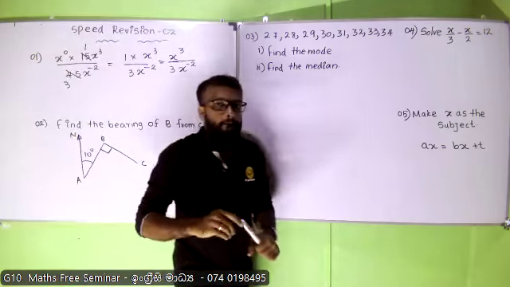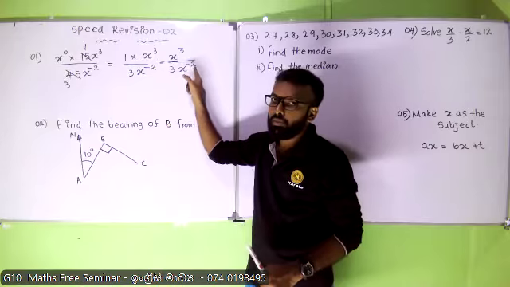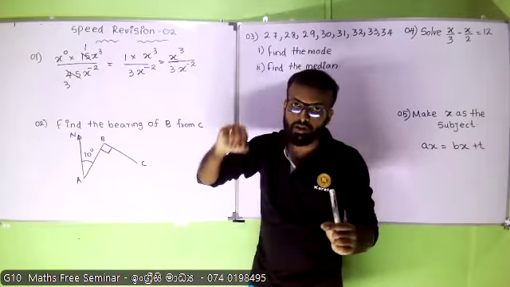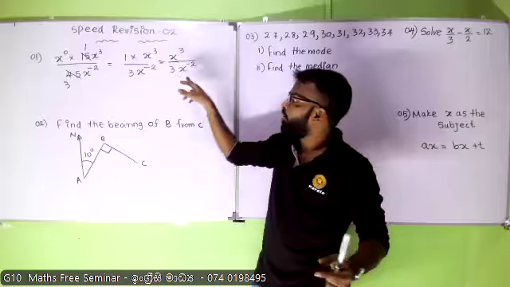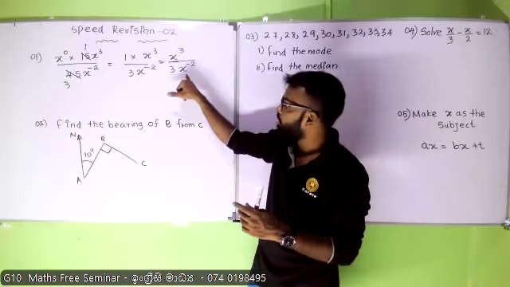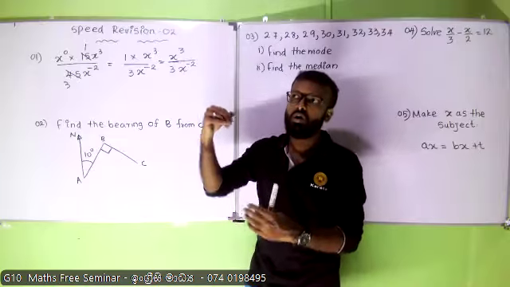Now, with a negative power, by using the laws of indices, how do you make sure that you have a positive power on x to the power minus 2?